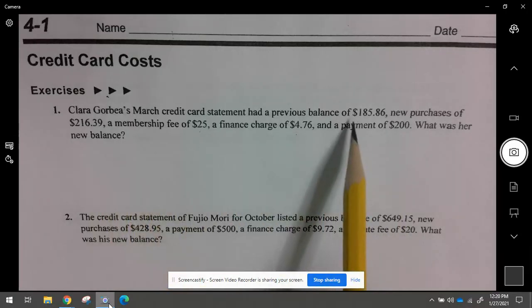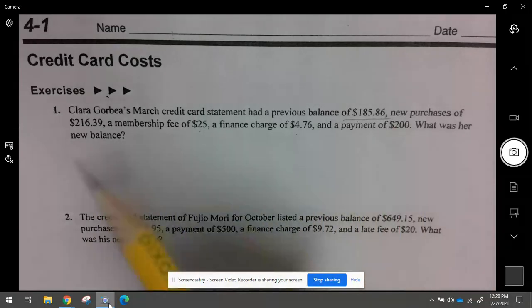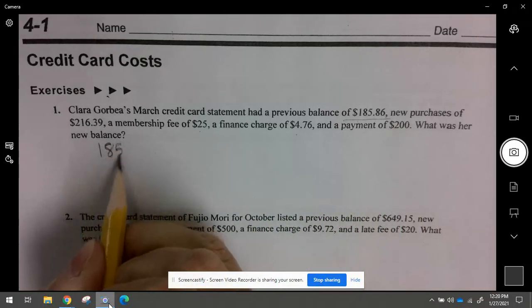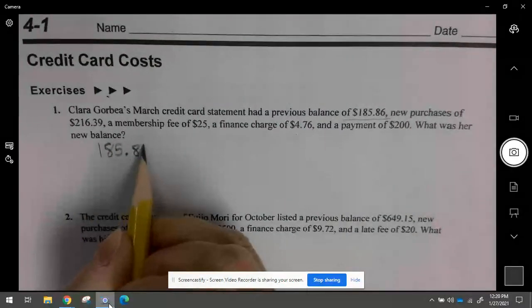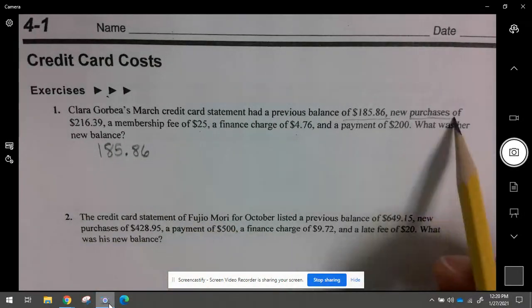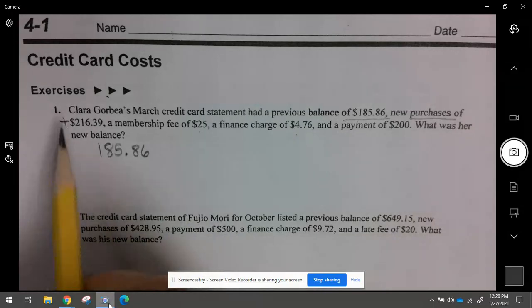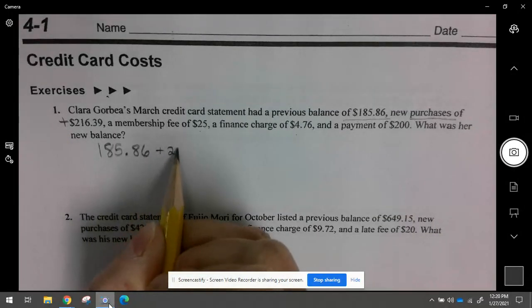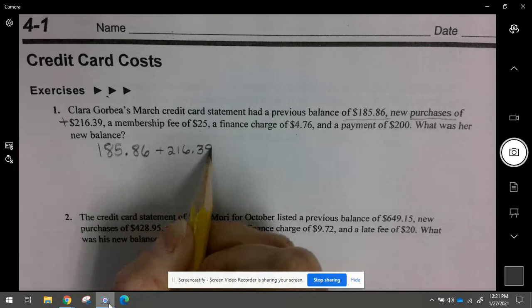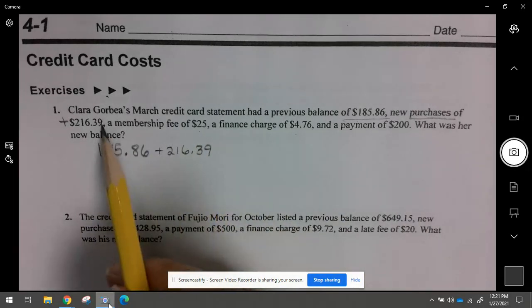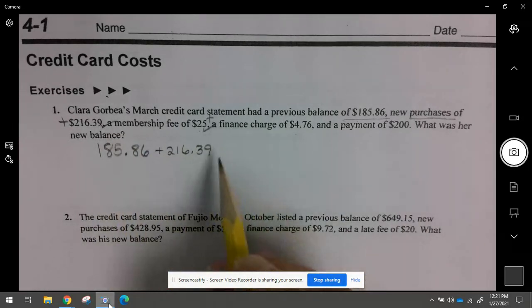All right, we always start with her previous balance, so we're going to write down $185.86. We're going to add any purchases. So she had a purchase, $216.39. We're going to add any fees. That's an addition. $25 fee.